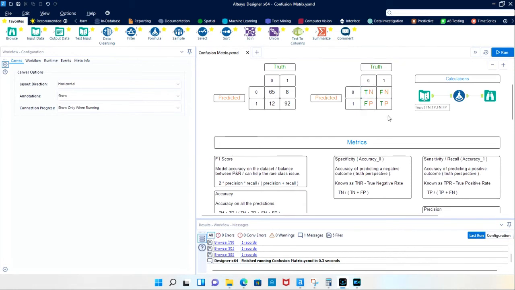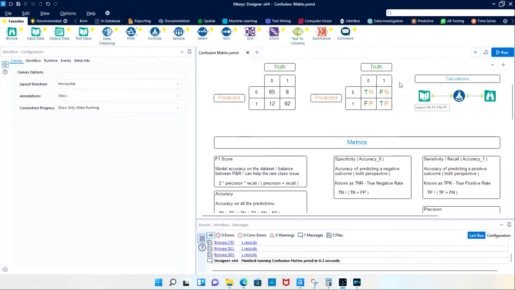And then next to that is sensitivity recall, also known as accuracy 1, at least in Alteryx's labeling, which is the accuracy of predicting a positive outcome, also known as the true positive rate. And that formula is true positive divided by true positive plus false negative. Again, a truth perspective in that it is on the column.